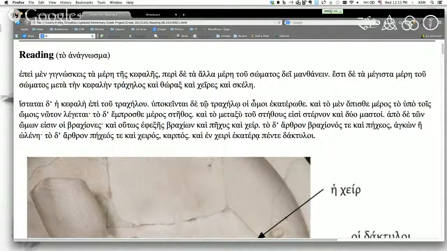And hutos, we talked about hutos. One after the other. So in this way, thusly, one after another, or in order. Thus in this way, the arm and the forearm.